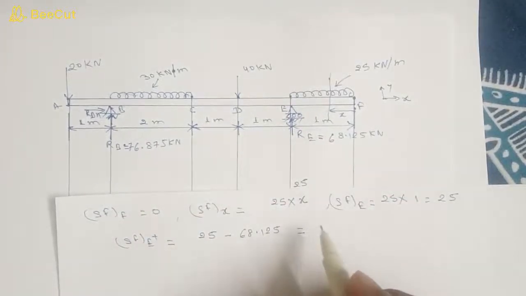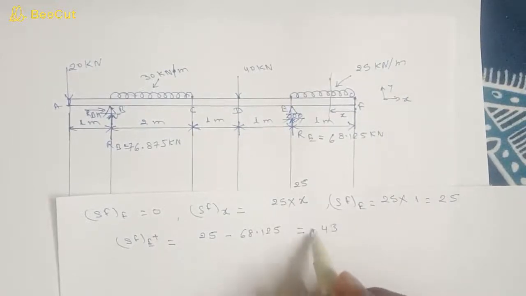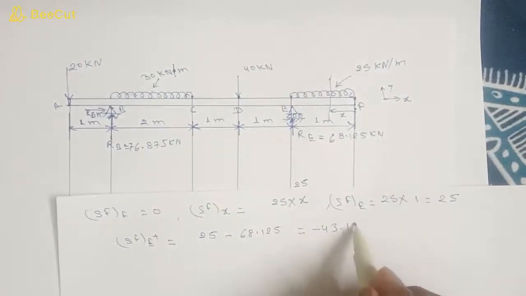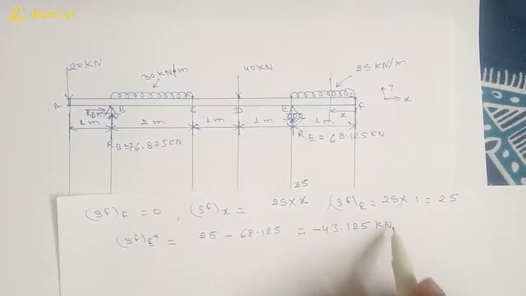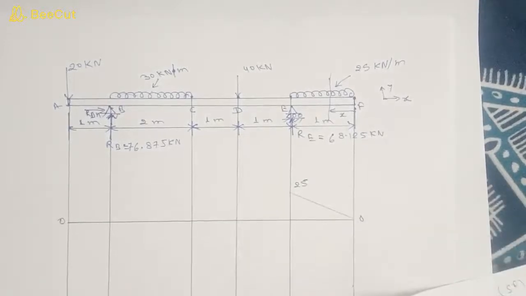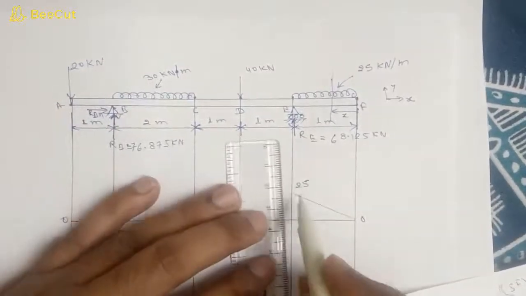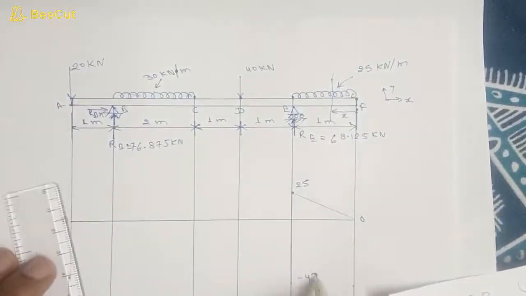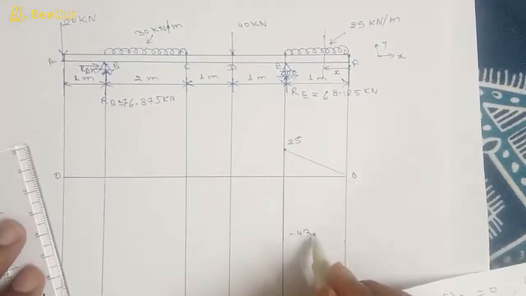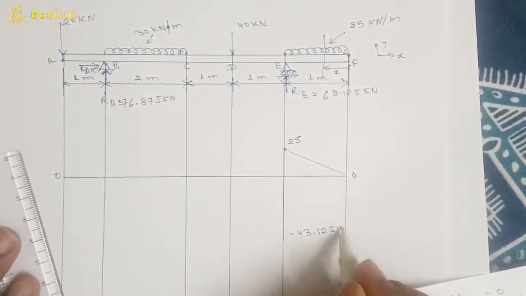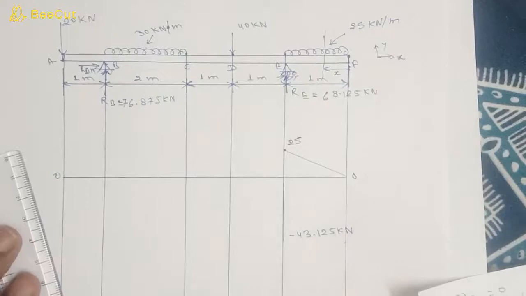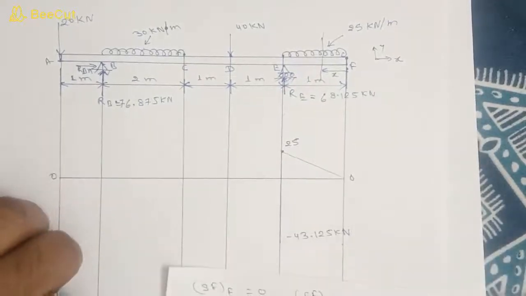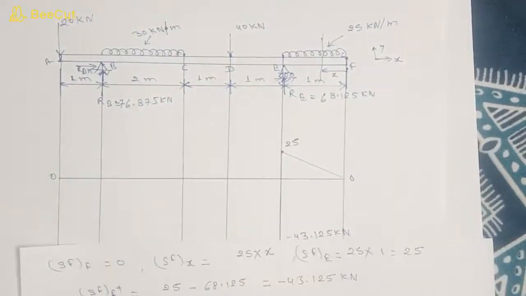So it will become minus 43.125 kilonewton. So we will draw it. It will become minus 43.125 kilonewton. Okay, I hope you are getting this point.